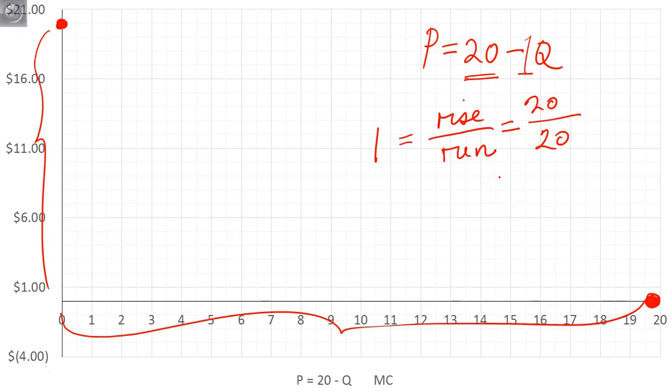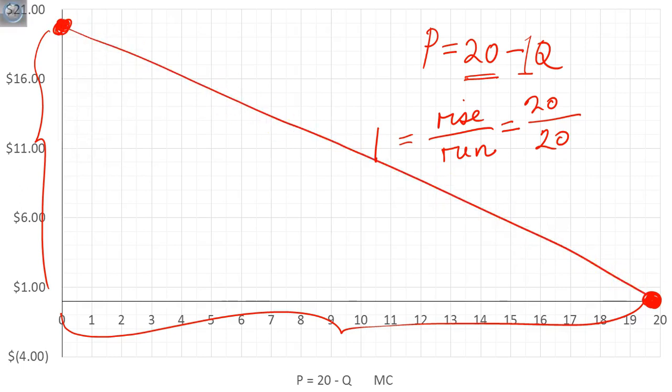Okay, so we've got our vertical intercept and our horizontal intercept, and we know that this is a straight line. So easy, we're just going to do something like that.